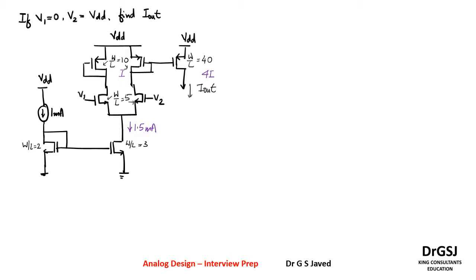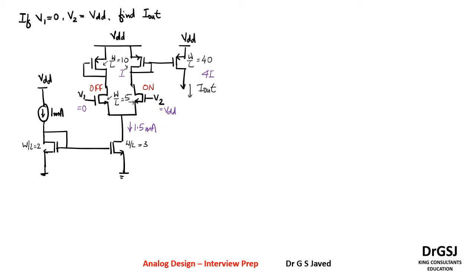Now let us apply the conditions where V1 equal to 0 and V2 equal to VDD. In this condition, V1 is an NMOS device with the value 0, so it is turned off. Here V2 equal to VDD, so the VGS is on, the transistor is turned on and current will flow.